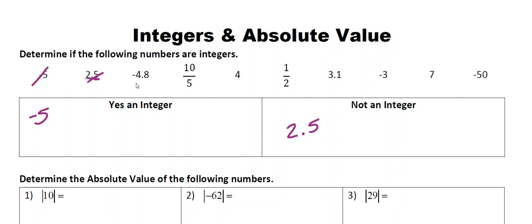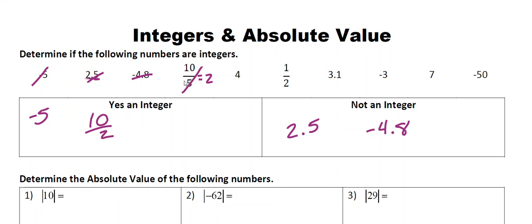Now, negative 4.8, it is negative, I'll give that to it, but can 0.8 be an integer? Well, no, because an integer can only be a whole number. So this negative 4.8 is technically not an integer. And then 10 divided by 5, that's really 2, because a fraction bar is a division symbol. 10 divided by 5 is 2. So this one is an integer.